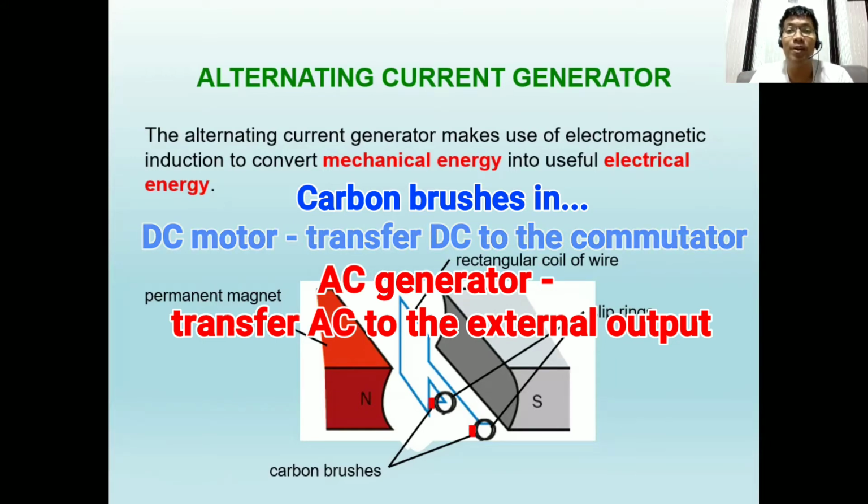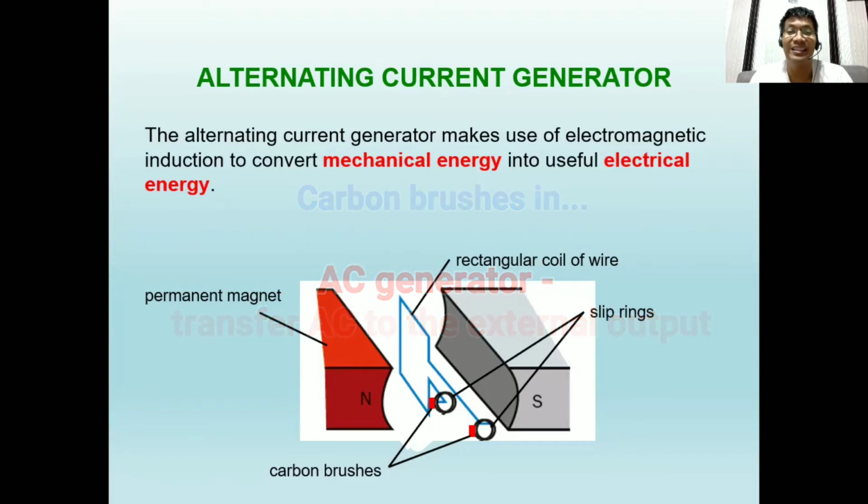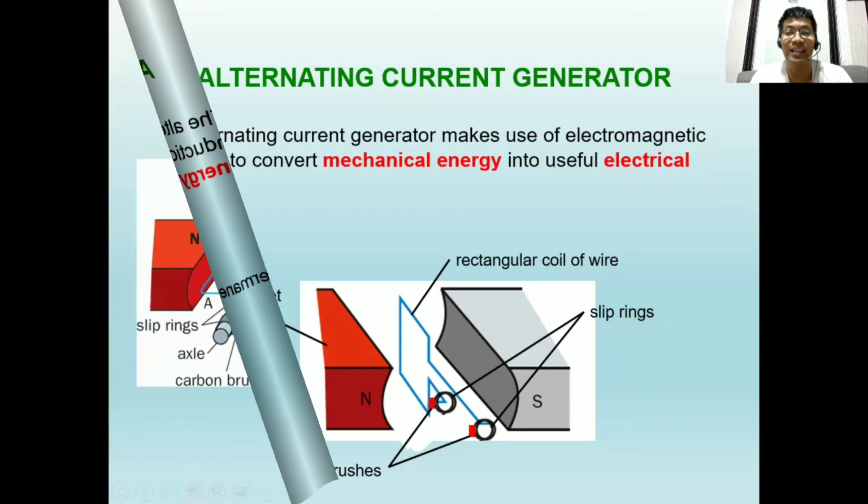For example, meron tayong bulb na nakakonekta dito sa generator natin or merong ibang appliance na nakakonekta dito. So once na nakaproduce tayo ng electrical energy, ito ay gagana. So ganito nagwo-work yung generator. Para maunawaan natin ang process, let's proceed to the next slide.